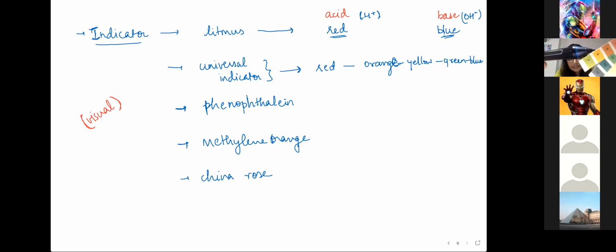Like you're given numbers here. If pH is 3, this is the color you can expect. If pH is 5, this is the color you can expect. Okay. So again, it completely depends on the purpose. It's not like a single set rule that in the laboratory you use only this.